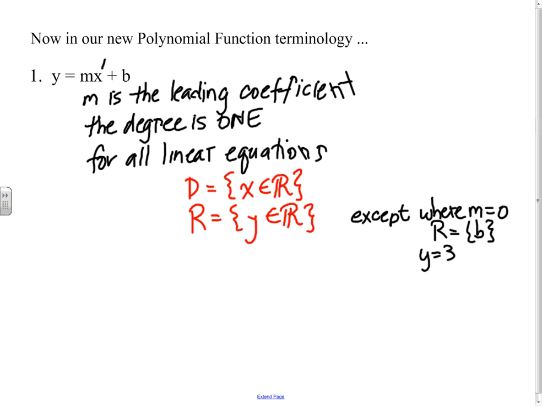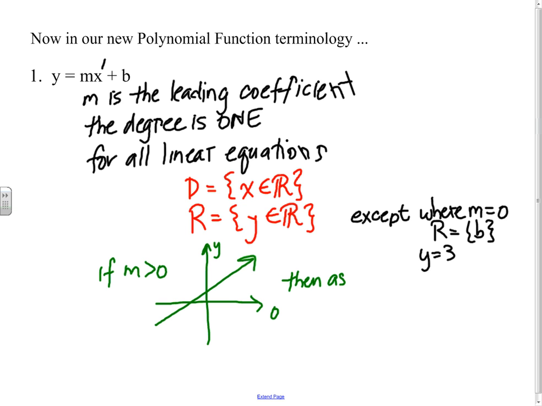If m is greater than 0, so a positive number, we know what that will look like. It will slope up to the right. We say in our polynomial function discussion, then, if m is greater than 0, as x gets very large, and we write that as x approaches infinity, that's a little arrow, by the way, then y approaches infinity.